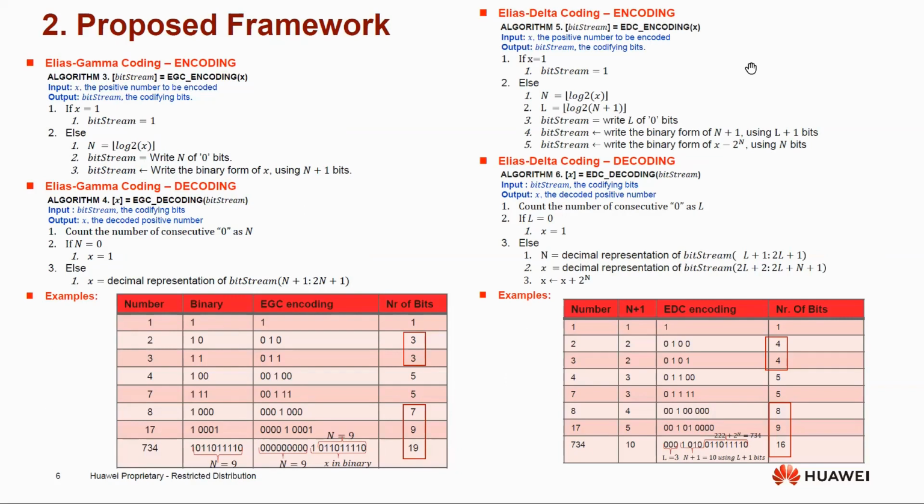Now, Elias gamma coding and Elias delta coding are quite simple. It's a traditional method proposed many years ago. The idea is that you first send how many bits you need to represent a number, followed by the number itself. So use the unary coding to codify the number of bits, followed by the number itself. For example, number 17 is written using 5 bits, 1, 0, 0, 0, 1.